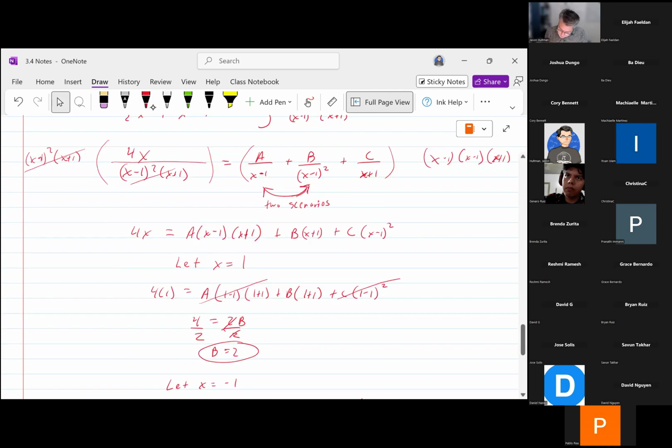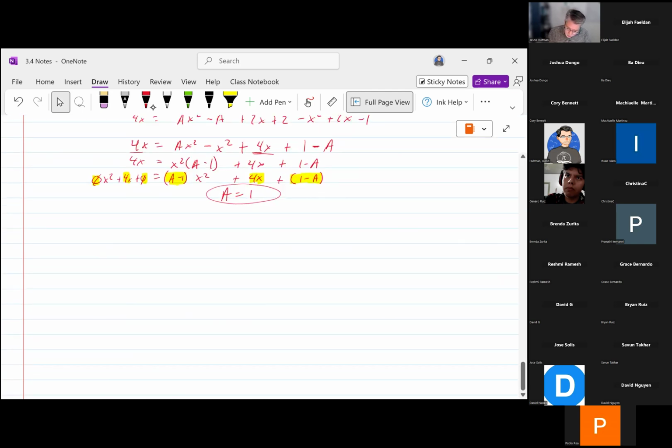Don't forget that we already did some integration: we have 1/2 x squared plus x. And we want to break this up into the integral of a over x minus 1 plus b over (x minus 1) squared plus c over x plus 1, dx.